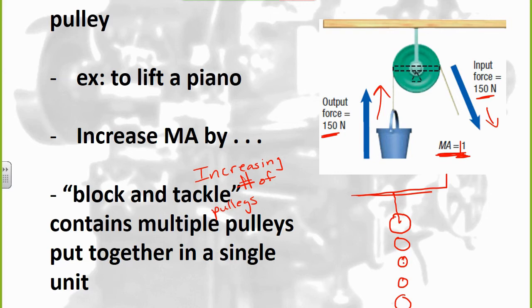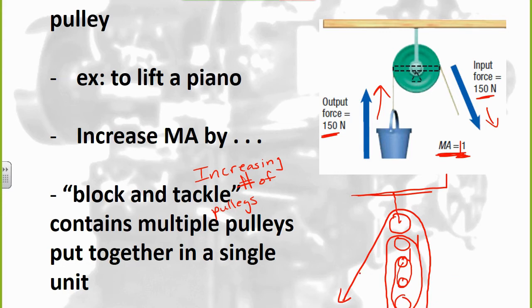Let's say I start with a rope that's attached there, and I make a little rope that goes around each of these little pulleys. Now, if I want to know the mechanical advantage of a pulley system, my job is to count the number of ropes that go through the middle, okay?